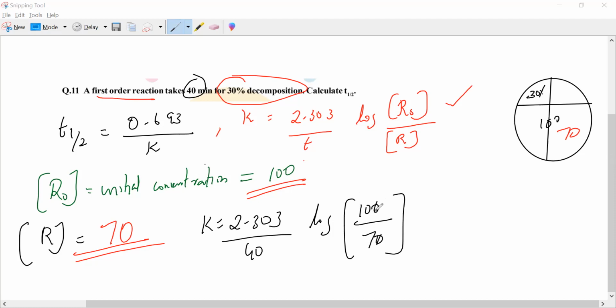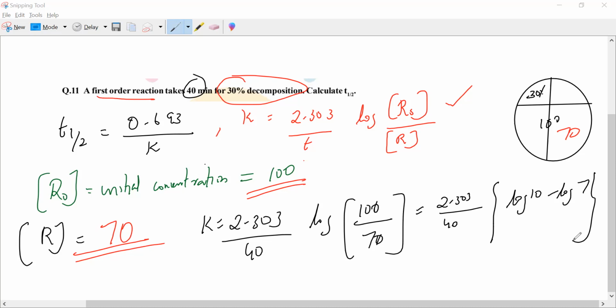So again, for simple calculation, we can do log 10 minus log 7. 2.303 by 40, log 10 is 1 and log 7 value, those things we have to know, the values for which I already gave you the log table for calculation.